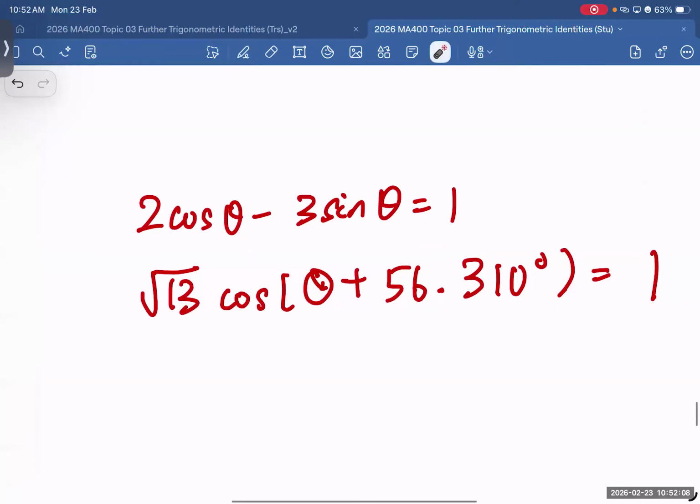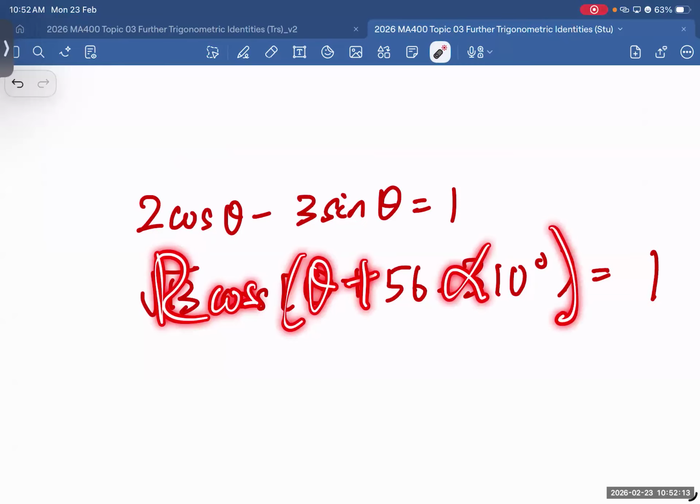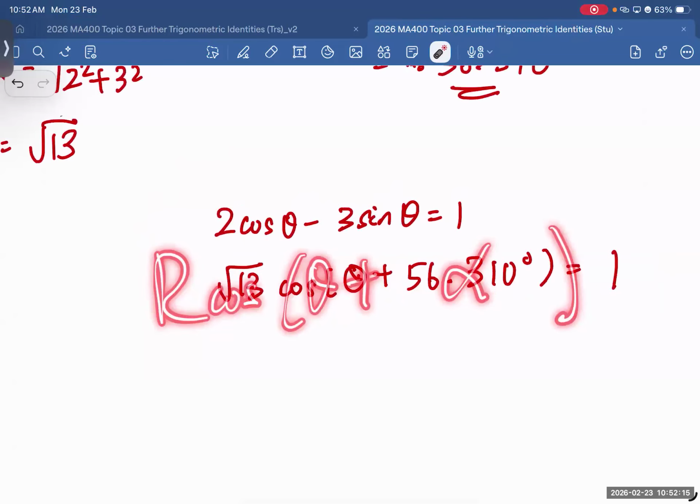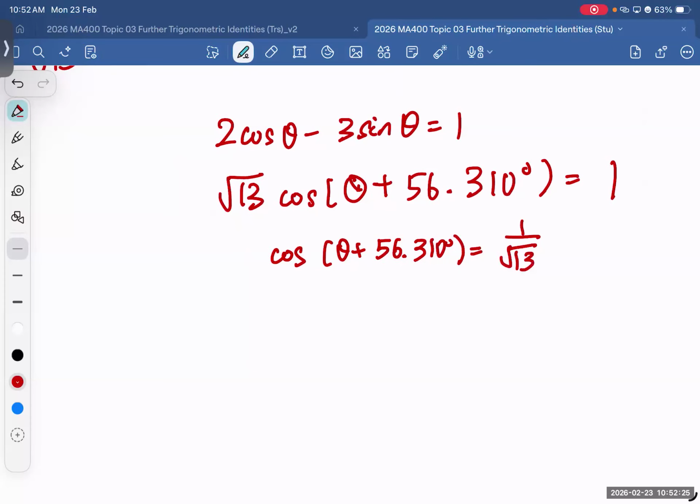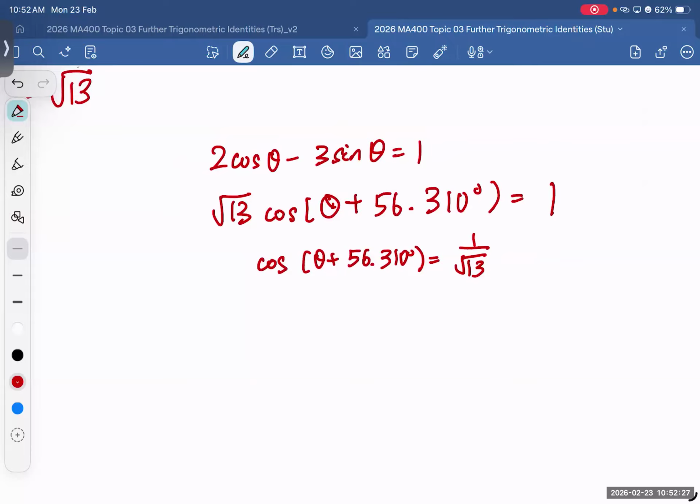Remember, R cosine theta plus alpha. That is your alpha. Once I manage to combine, I have 1 over square root 13. What do I do now?